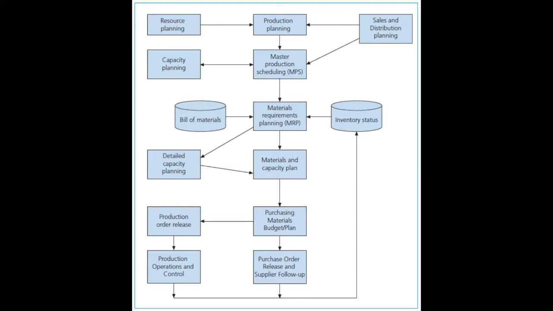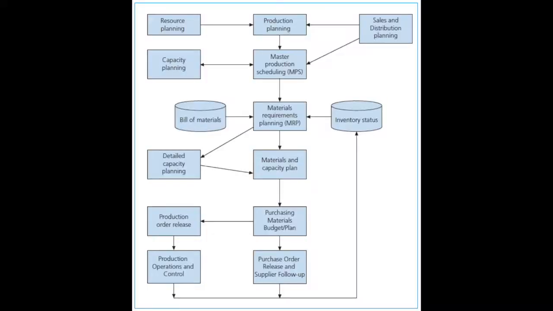Then these plannings go towards being more and more detailed and become a master production schedule, which is called MPS, where specific production targets are defined within a quarter, within a month, and then within a week.